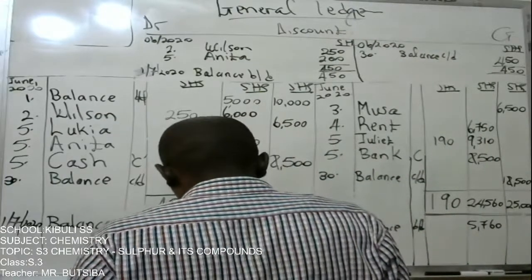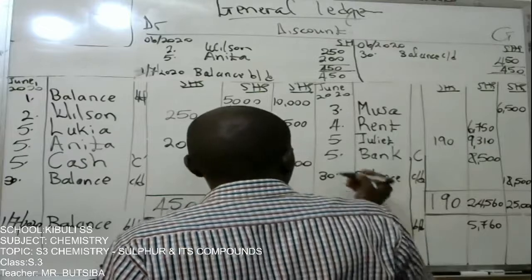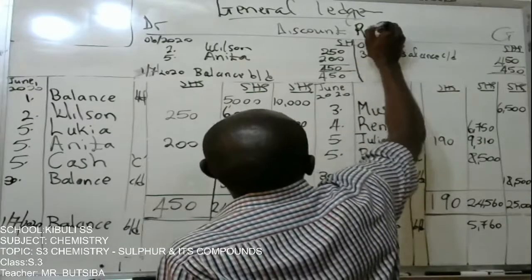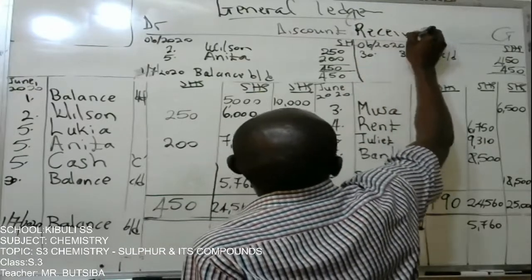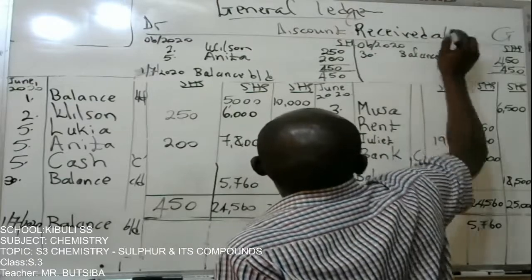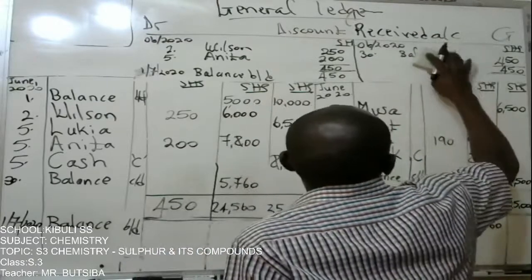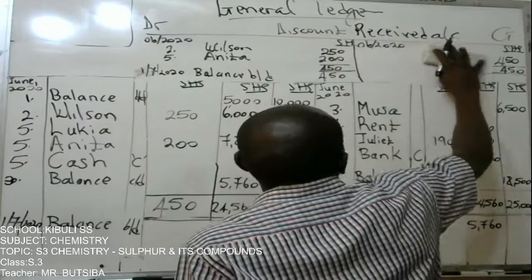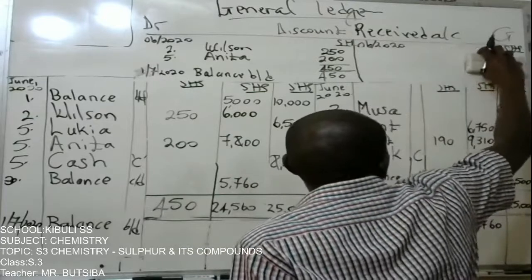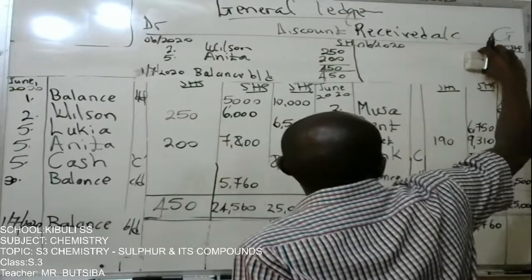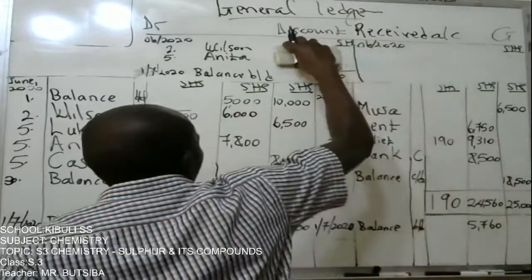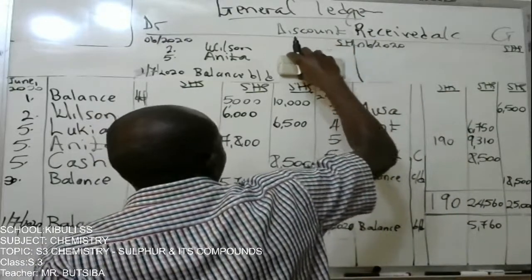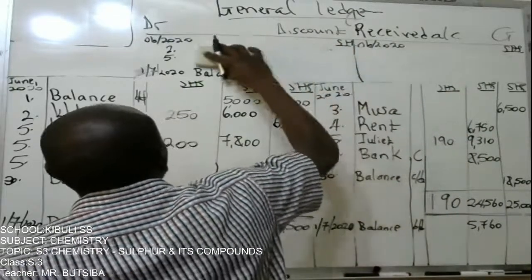So you can change the names and then you record discount received account. So you are going to identify the different people who gave you discount, their respective names, you record them, get the total balance.